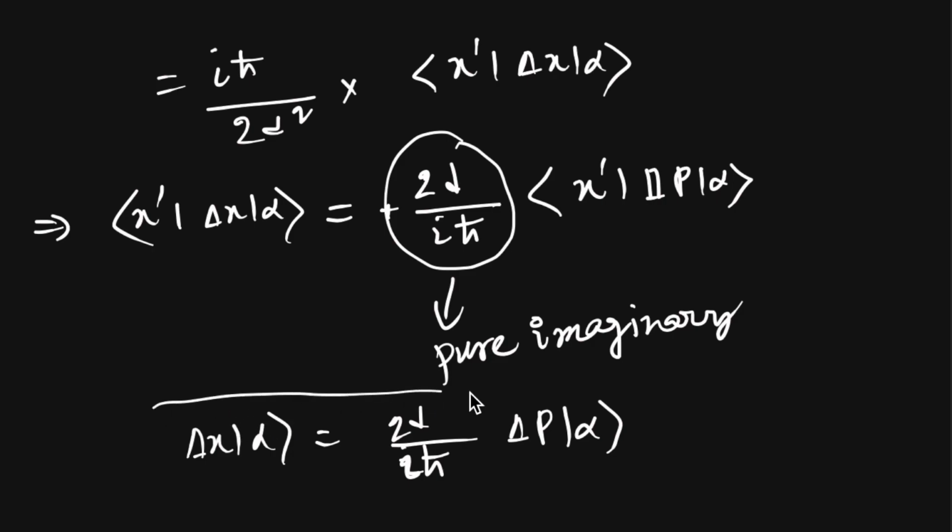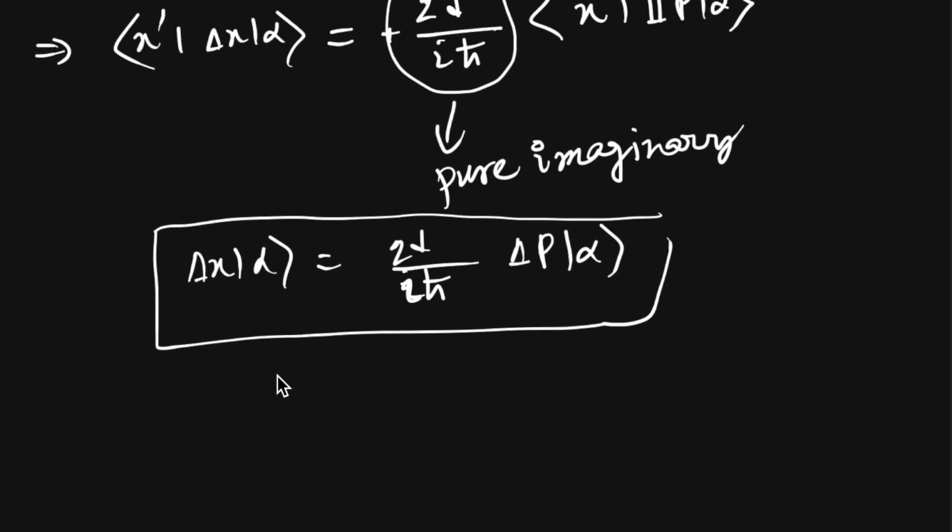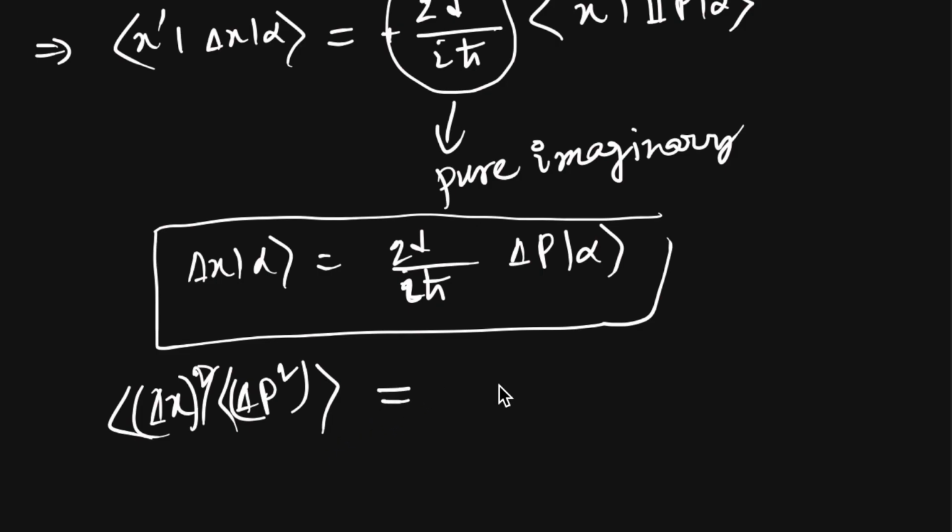This relation holds. That actually means the uncertainty relation, that is expectation of delta x square times delta p square, will be equal to 1 by 4 the square of expectation of the commutator x comma p.